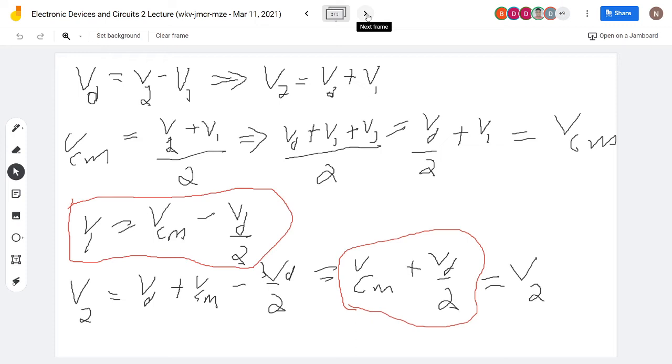Minus R2 over R1 times V1. But what is V1 again? VCM minus VD over 2.